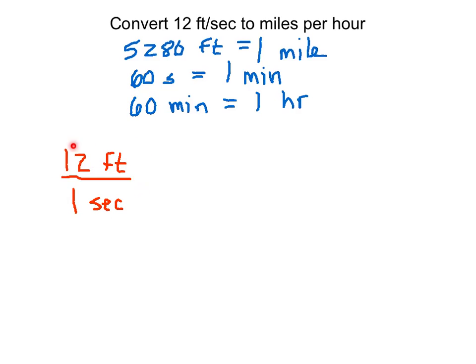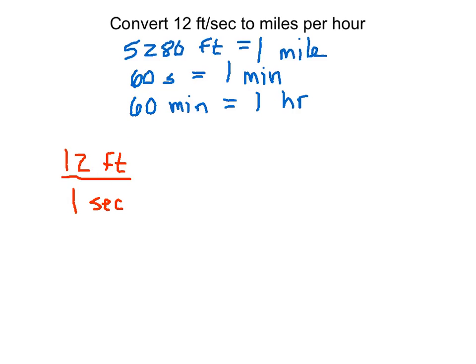This is the value that I'm starting with. I'm going to travel 12 feet in 1 second. And I'm not just converting between feet and canceling that out, but now I want to cancel feet and I want to cancel seconds. So the first thing I want to do is let's get rid of this feet.